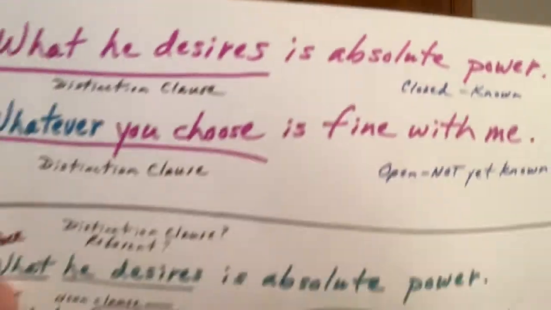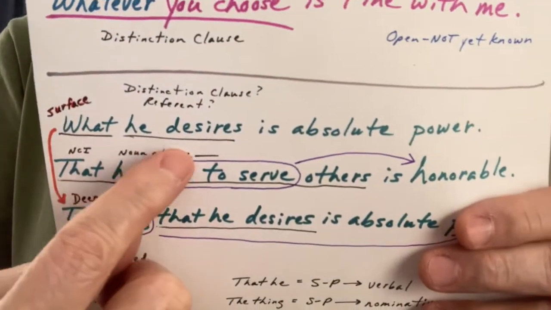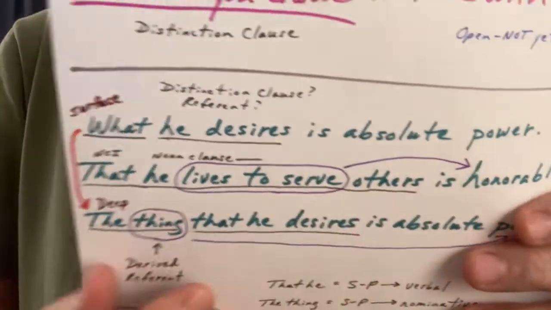Now, if we go a little bit deeper, here's the same sample sentence again. What he desires is absolute power. Then you have an actual sentence with a noun clause in it. I'm showing you this so you don't get the two kinds of clauses confused.